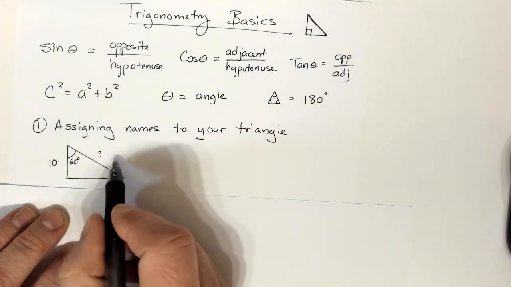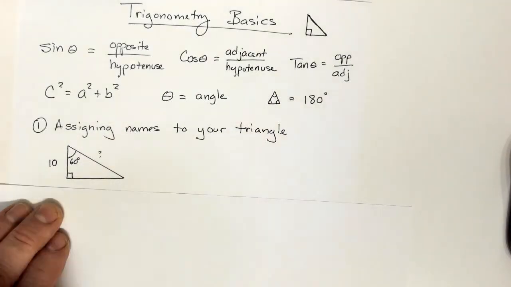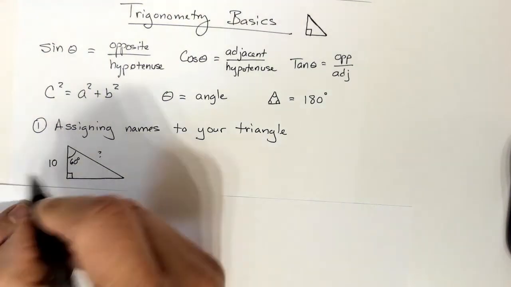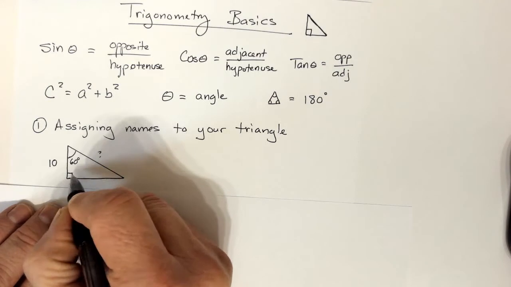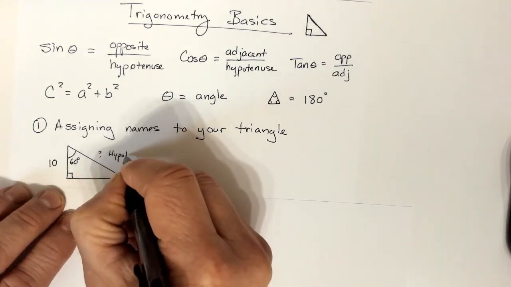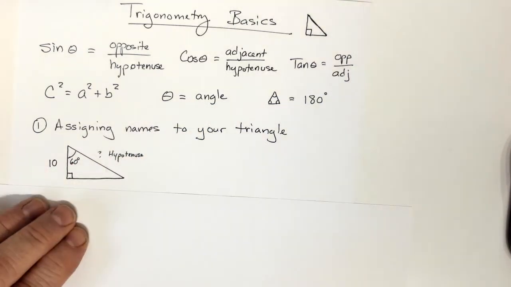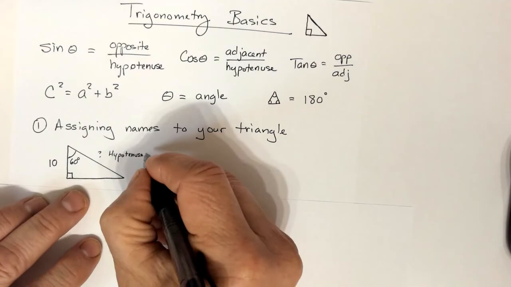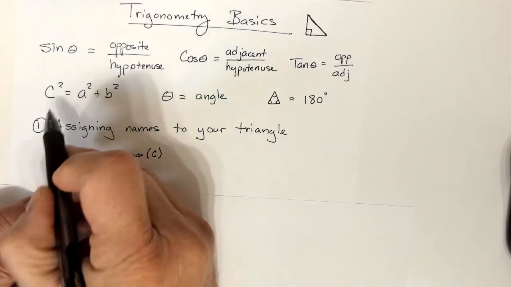In our triangles there will always be a 90 degree angle. A 90 degree angle makes it a right triangle. The side across from that 90 degrees, the one it opens up to, is always called the hypotenuse. So the longest side of this triangle is the hypotenuse, also known as side c, which is right here.